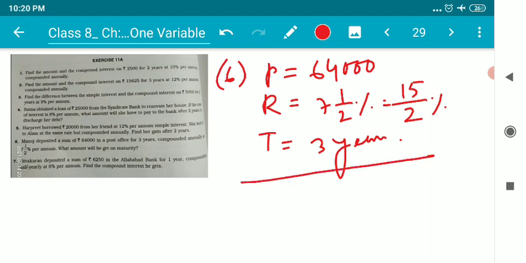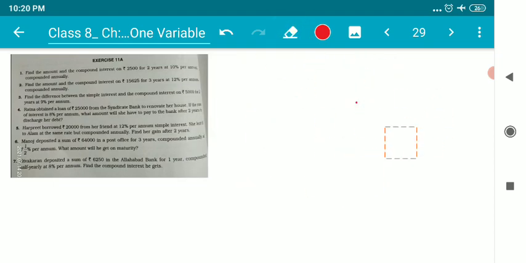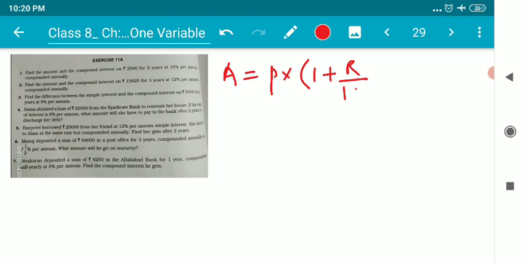Very simple process to be utilized over here. Children, very simple process I'll be using. As it's compounded annually, we know that amount is equal to principal into 1 plus r by 100 whole to the power n.